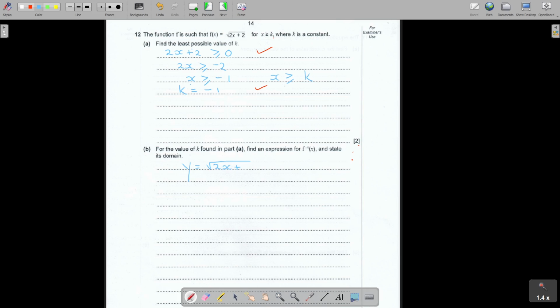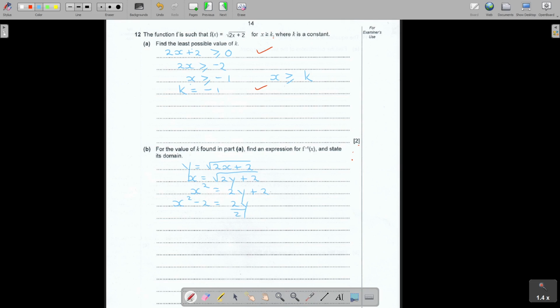And I just put a y. Okay. And then don't forget that I'm going to make this x and I'm going to make this y. And then I'm going to say, I'm just taking it over, so it's squared. And then I make y the subject of the formula.